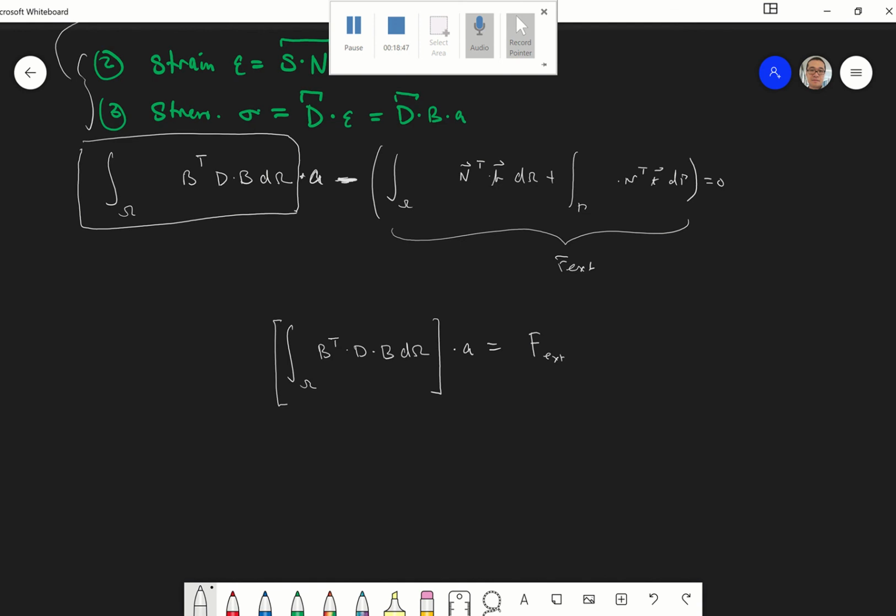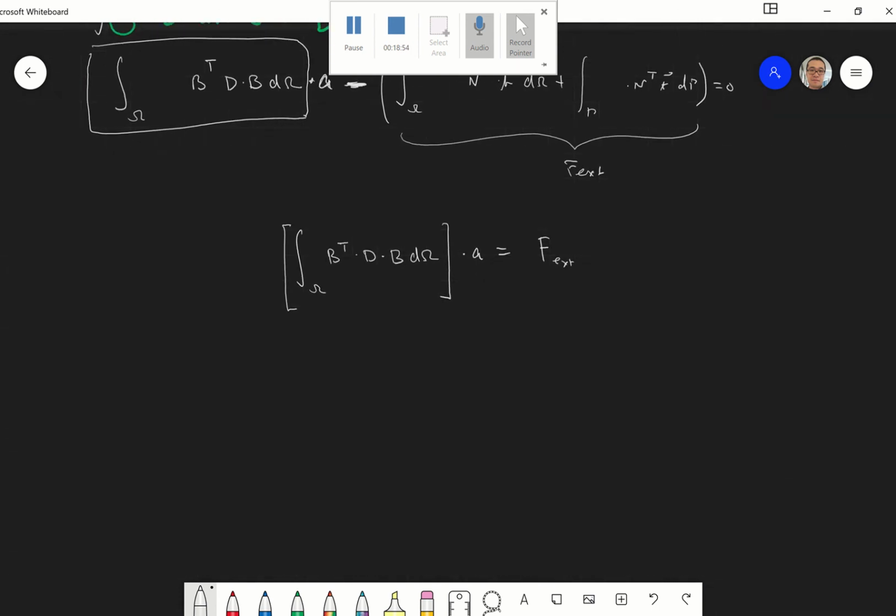And what does this tell me? This tells me that my stiffness matrix in general can be calculated as K equal to the integral over the volume of B transpose dot D dot B d omega.